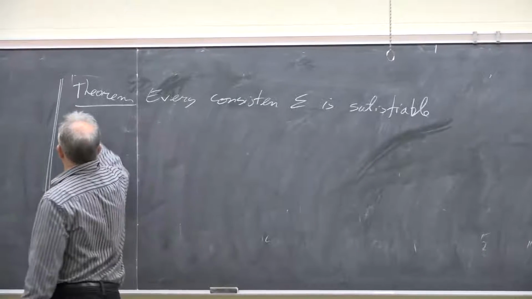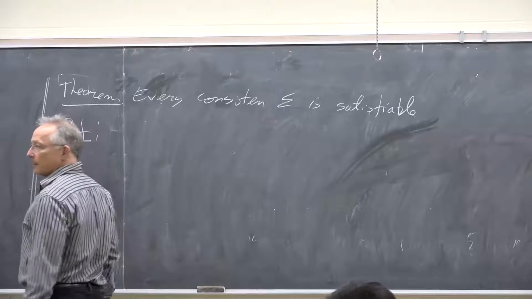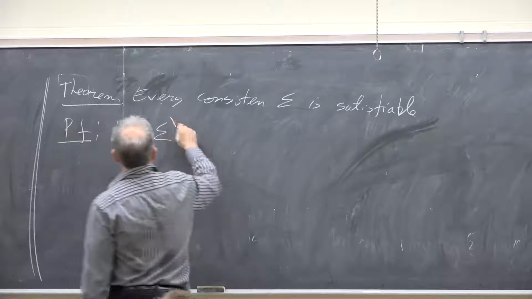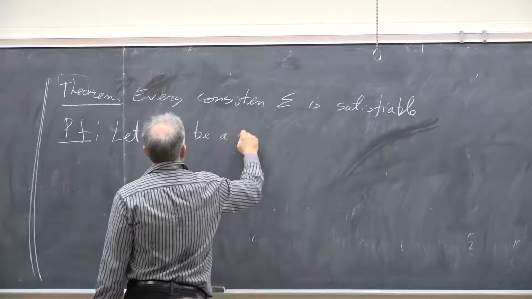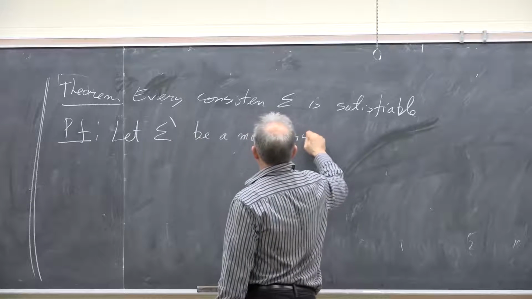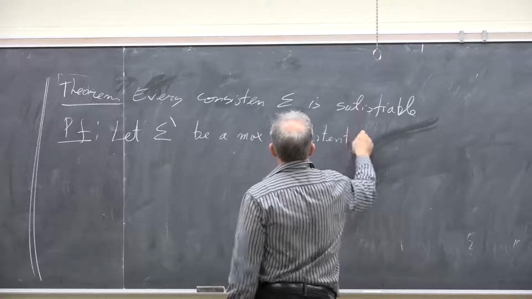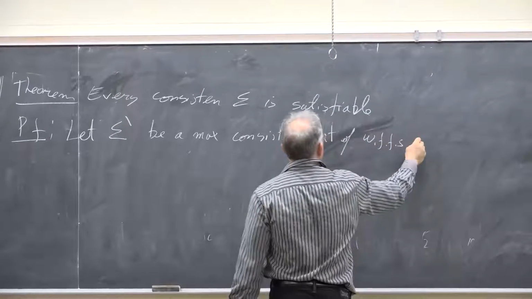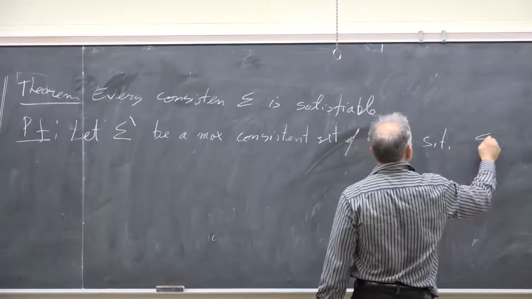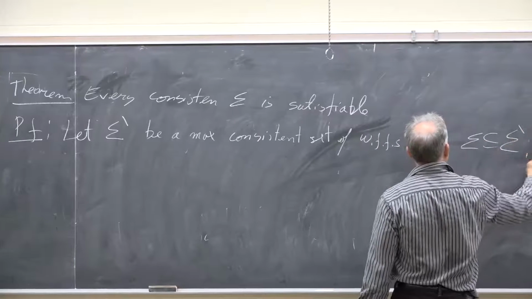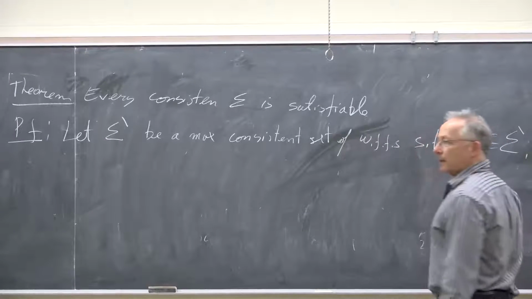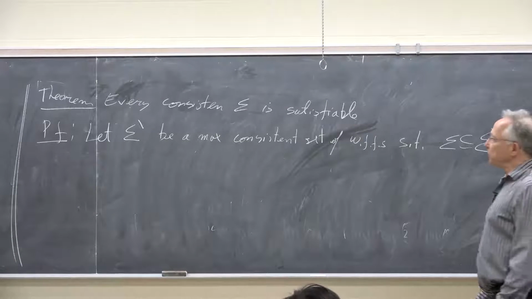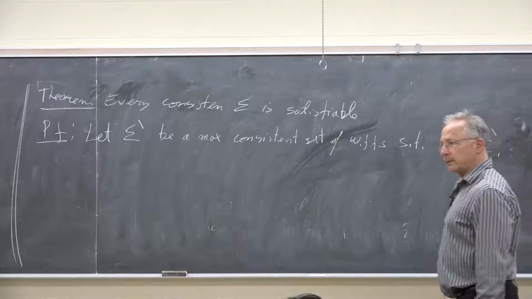So the proof: we start with the last theorem. Let sigma prime be a maximal consistent set of WFFs such that sigma is a subset of sigma prime. Now, why will it help me? Now I'm going to define a truth assignment, because in order to show satisfiability, I need to define a truth assignment.